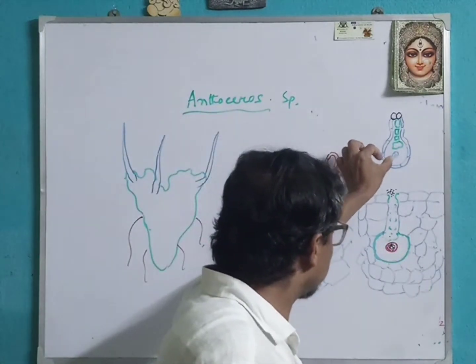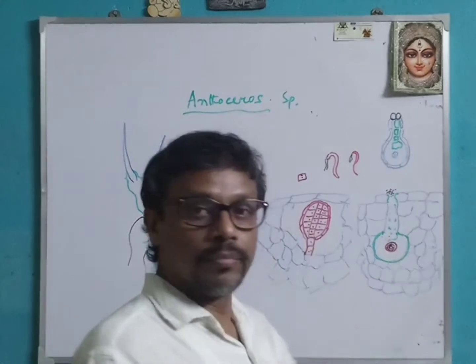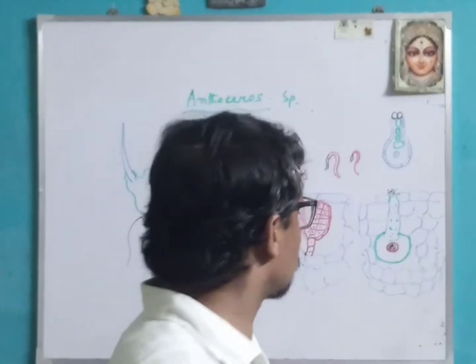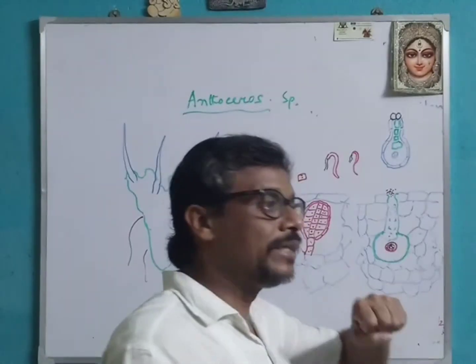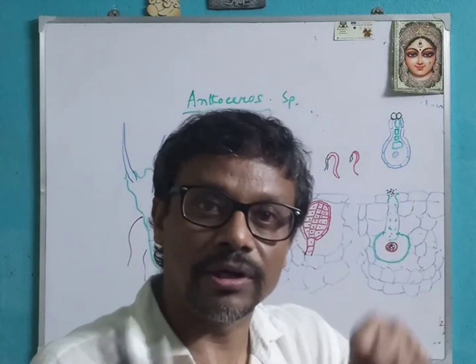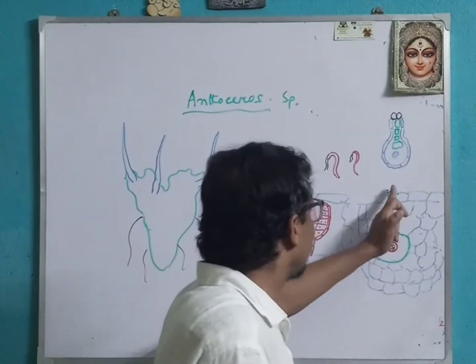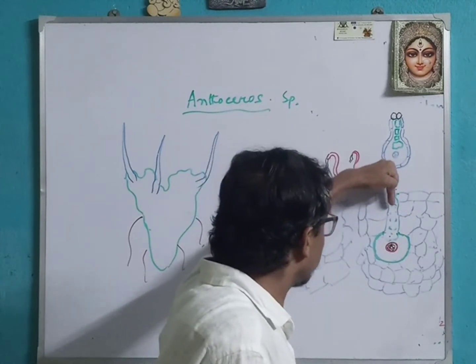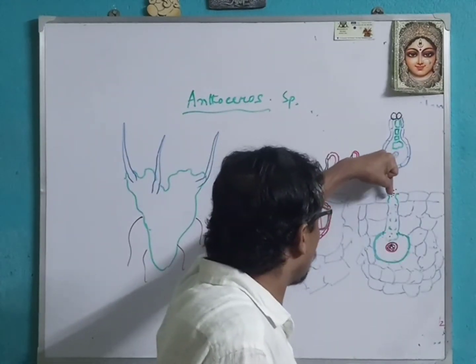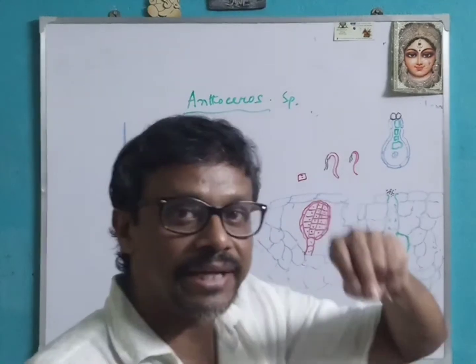That narrow space or slit is occupied by certain cells, those are called neck canal cells, because this is considered to be the neck of the archegonium and it has got a canal, and the cells occupying that canal are called neck canal cells.